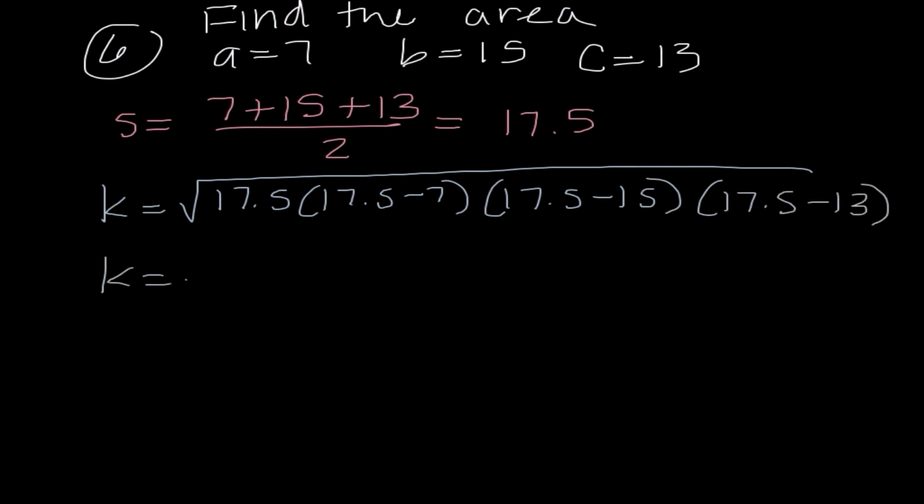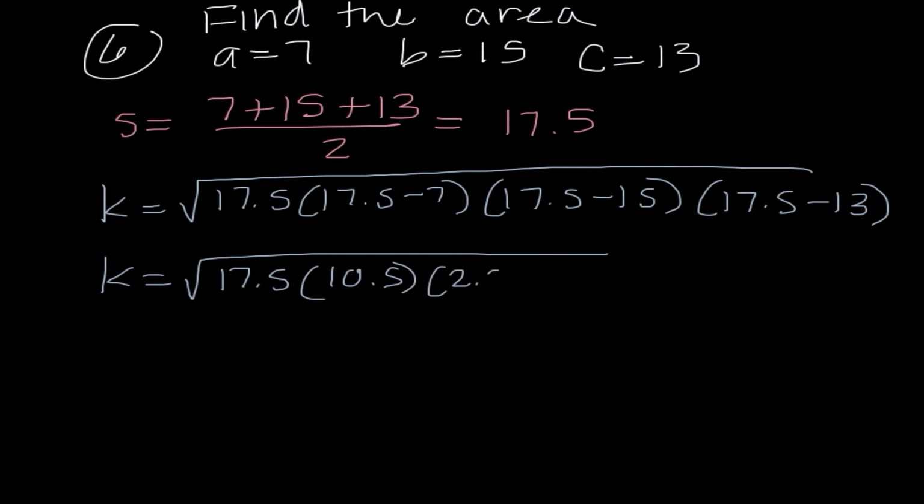And in fact, I'm just going to do some simple math and make this easier to put into my calculator. So I'm going to do 17.5 times 10.5 times 2.5 times 4.5.